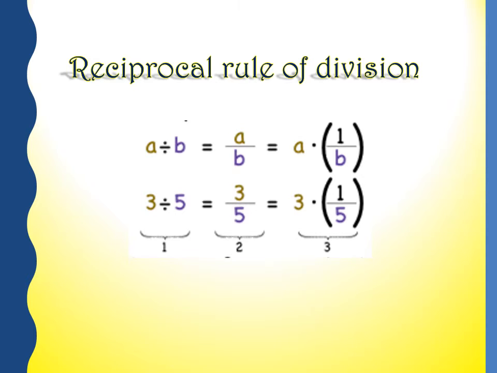I can write A divided by B this way, or A/B, and A/B is the same as A times 1/B, which is the reciprocal of B. For example, 3 divided by 5, I can write it as 3/5, which is 3 times 1/5, and 1/5 is the reciprocal of 5.